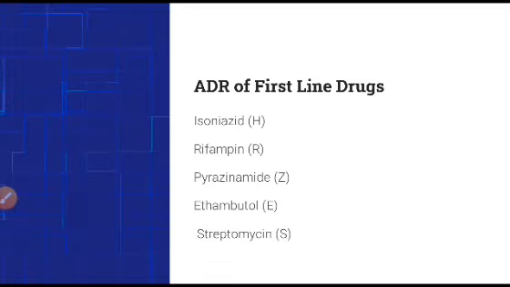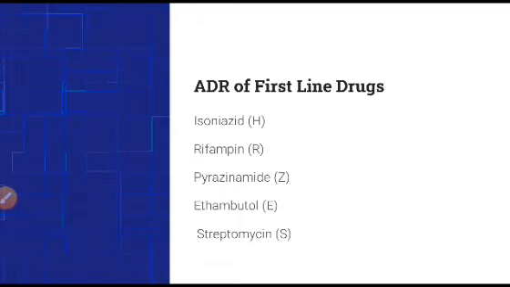While pyrazinamide shows anorexia, nausea, flushing, which are the common ones, and rarely hepatitis, vomiting, arthralgia, hyperuricemia, cutaneous hypersensitivity, etc. Ethambutol shows retrobulbar neuritis, a slightly serious one, arthralgia, blurred vision, and altered color vision.